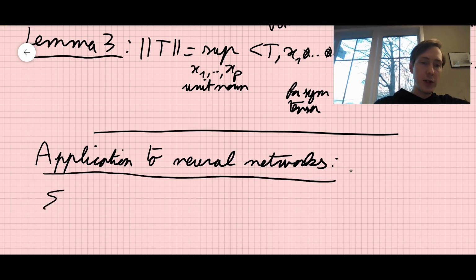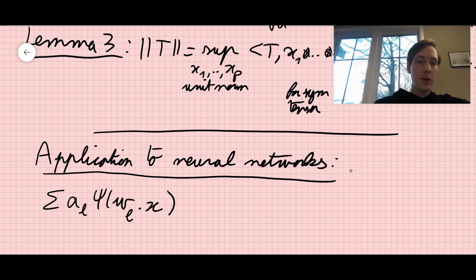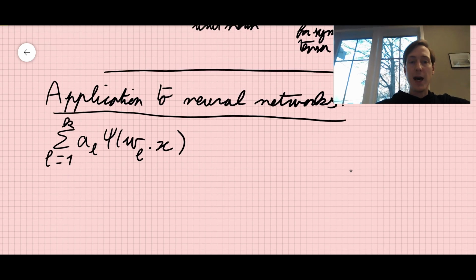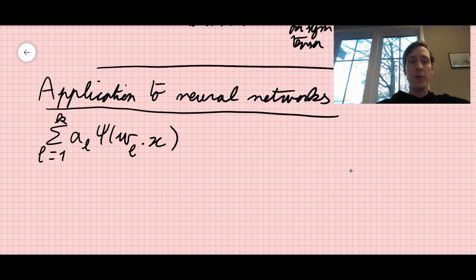It's a function of the form sum of a_l psi of w_l dot x, for l equals 1 to k. So this is k neurons. Psi is a nonlinearity from R to R. The a_l are the recombination weights in R, and the w_l are directions in R^d.